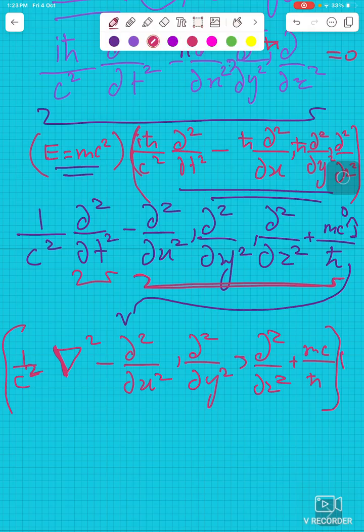This whole thing will be written with the wave function, because we're talking about operators and operators must have a wave function.